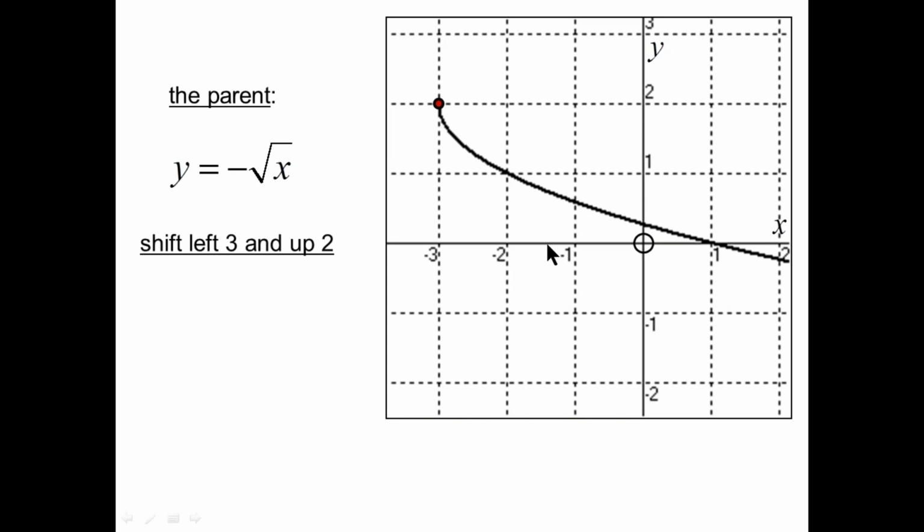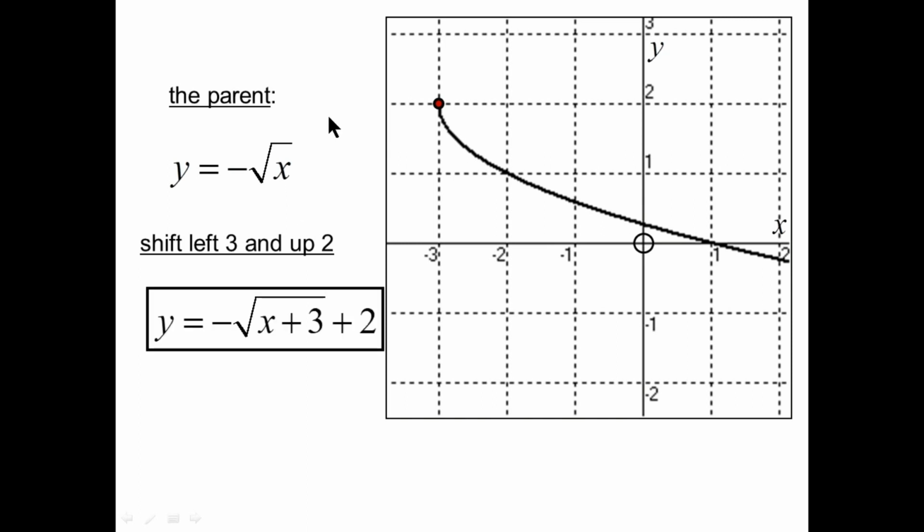First, let's acknowledge shift left 3, up 2. So to make it go to the left, it's a plus sign. So it'll be x plus 3 and then plus 2. Notice how this minus sign stays put. And there's the equation of the graph.